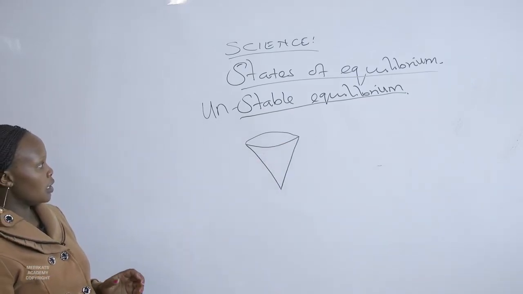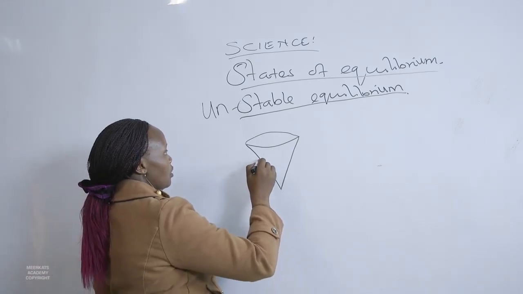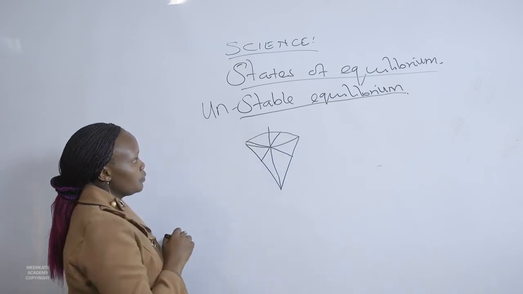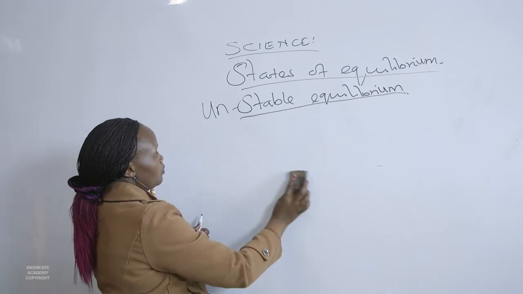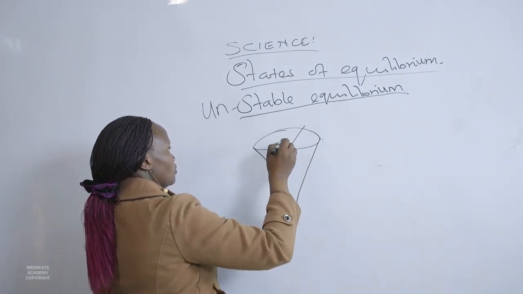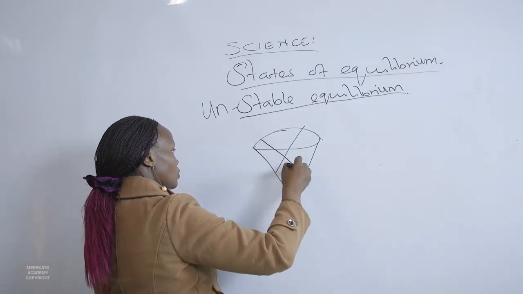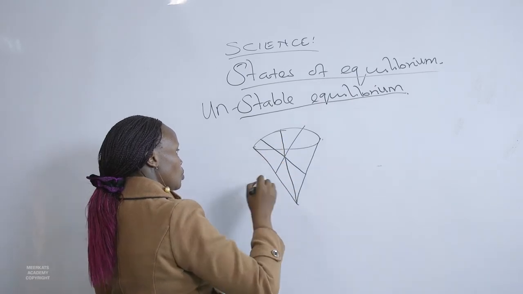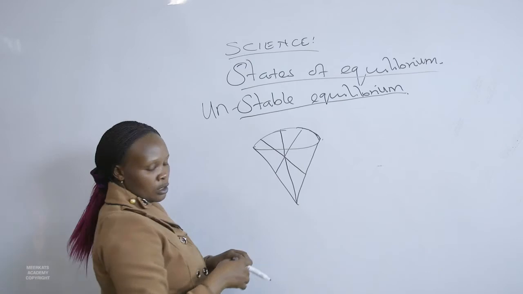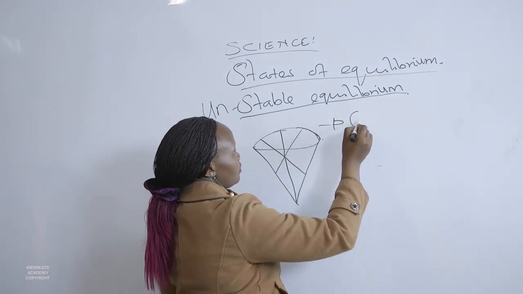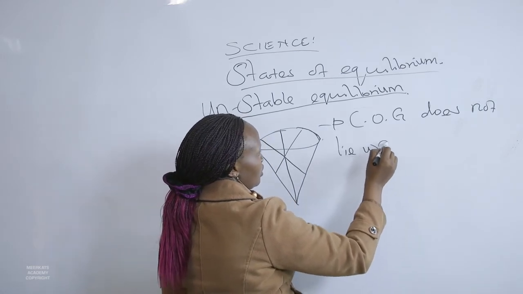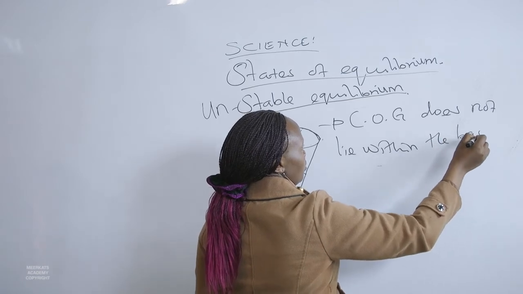With the smallest base. And now, if we try to draw our lines again, so we can establish the center of gravity, we find that the center of gravity does not lie within the base.